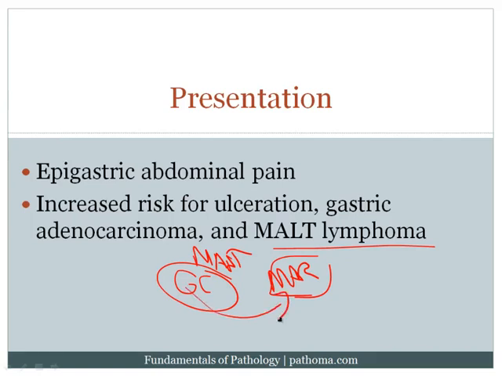And it's this marginal zone that can eventually result in MALT lymphoma. MALT means mucosa-associated lymphoid tissue, and then, of course, it's a lymphoma. So this is a B-cell lymphoma that can classically be seen within the wall of the stomach. Now, I've already discussed this in extreme detail when we did the white blood cell pathology lecture, so you can review it in your text there as well.